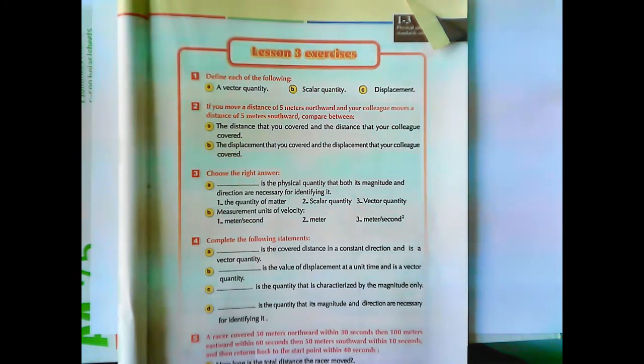If you move a distance of 5 meters northward and your colleague moves a distance of 5 meters southward, compare the distance that you covered and the distance that your colleague covered. Both are equal, 5 meters. Displacement that you covered and displacement that your colleague covered, 5 meters but in opposite directions.